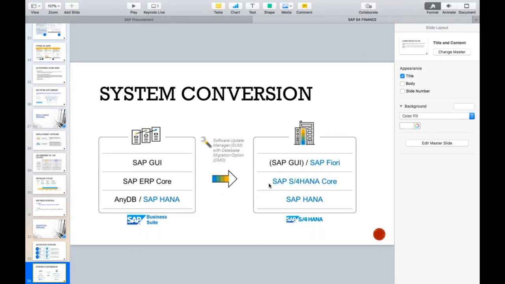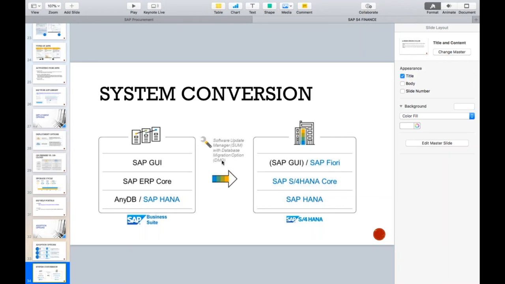You now want to migrate to SAP S4 HANA, which uses only the SAP HANA database. It uses the SAP S4 HANA core, and from a GUI perspective it uses SAP Fiori, but the old GUI is also available. So either old GUI or SAP Fiori, you want to move from here to here.